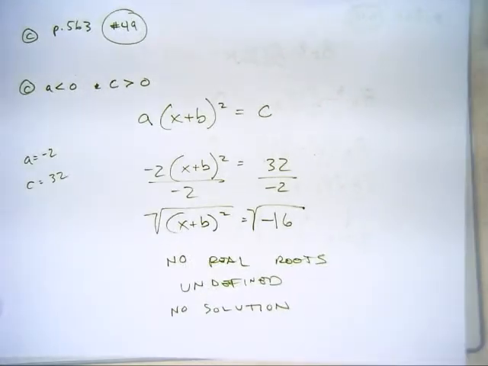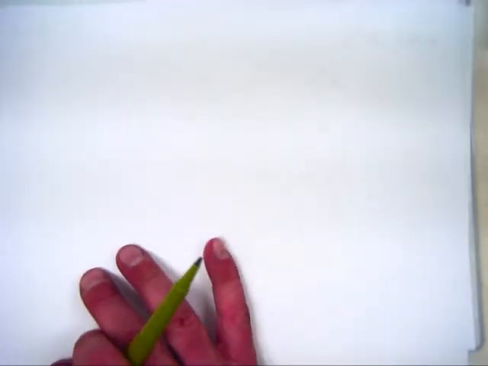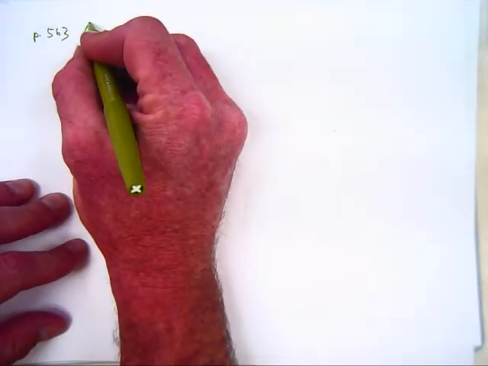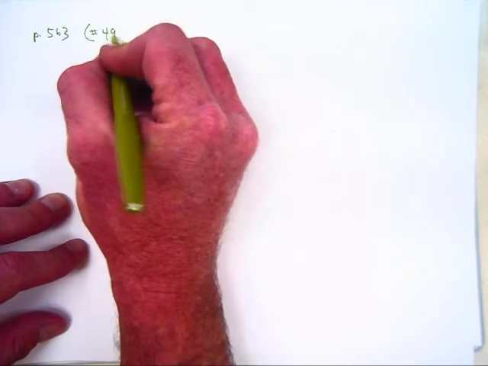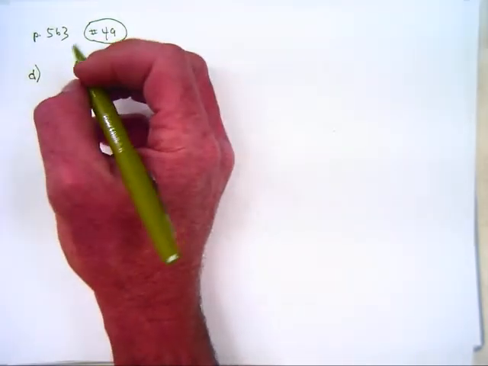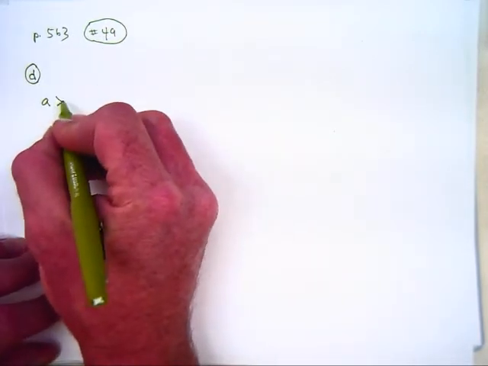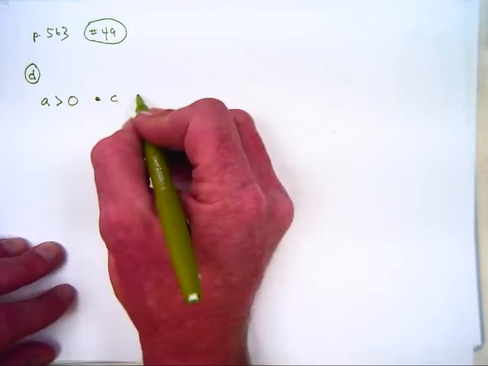So now let's look at part D, same problem, page 563, number 49. We're looking at part D, where A is greater than 0 and C equals 0.